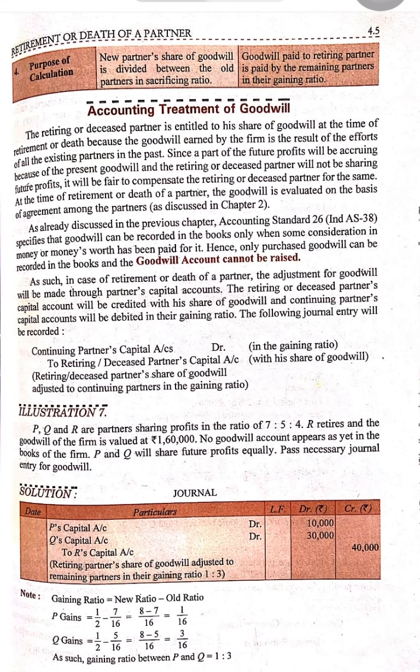Purpose of calculation: at the time of admission, the sacrificing ratio is calculated to divide the goodwill, and when the old partner retires, the gaining ratio is calculated to pay the goodwill. It means goodwill will be paid to the retiring partner in the gaining ratio.